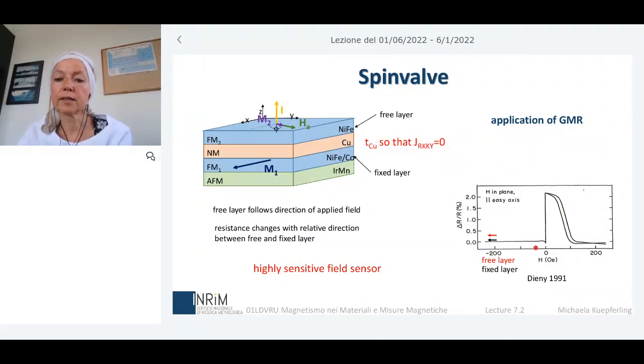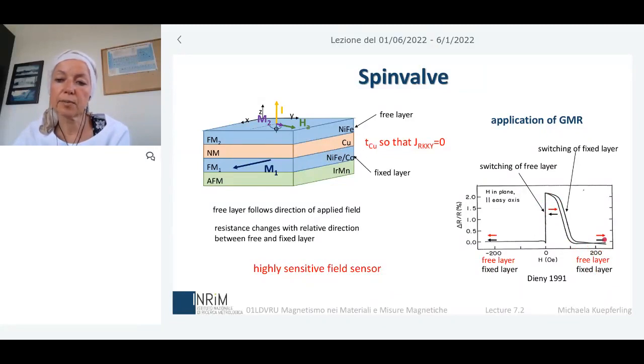Then if we decrease this field, we come to 0, then the free layer will switch, of course. We have an anti-parallel situation, so we have high resistance. Then at a certain point, also the fixed layer will switch and we have again a parallel situation. So we move from a low resistance state to a high resistance state and again a low resistance state.